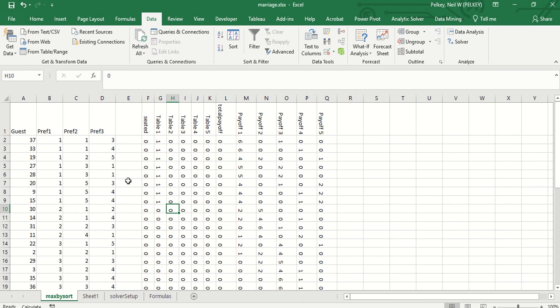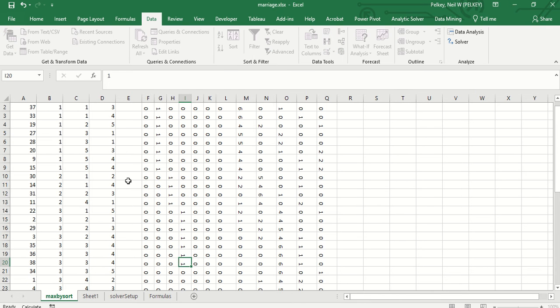We're going to move over, and now we're going to do table 2. So we're going to put 1s in there: 1, 2, 3, 4. Okay, that one's not filled up, but those were the first ones. For table 3s, we're going to do 1, 2, 3, 4, 5, 6, 7, 8.